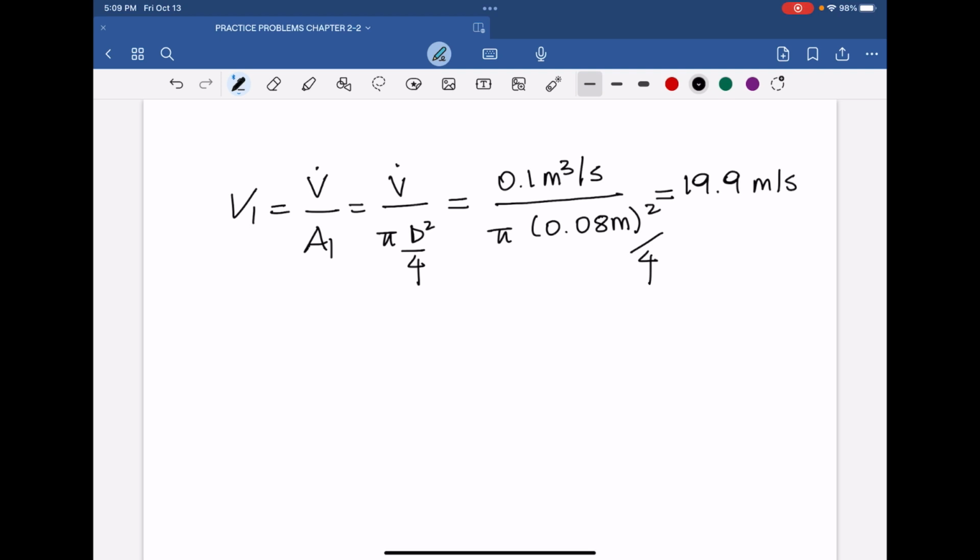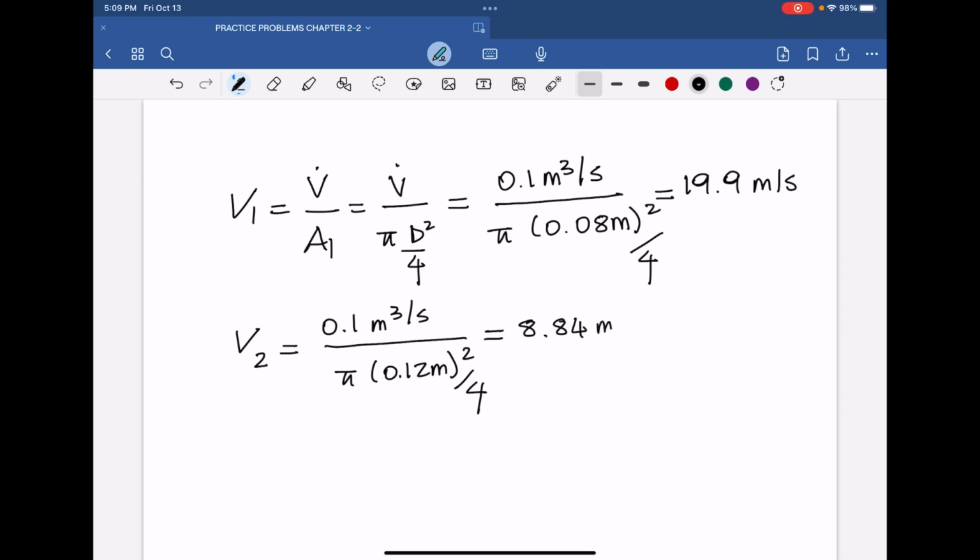And the next thing, we do the same for the second velocity. And again, 0.1 over pi times the diameter squared over 4. And this is 8.84 meter per second. All right, so very good. We learned the velocities now.